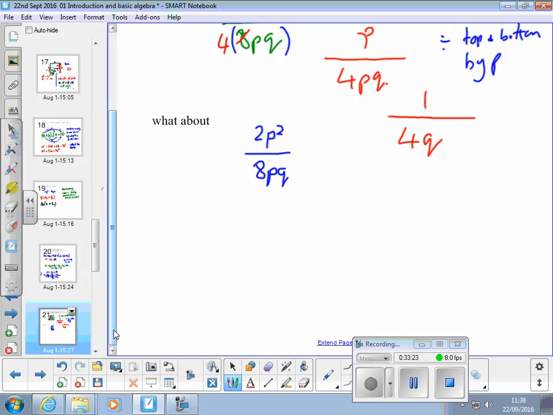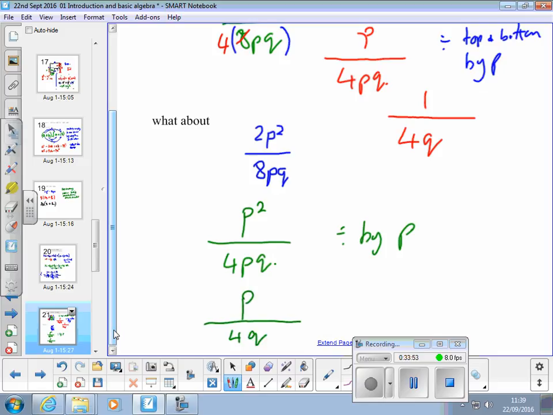Divide through by 2 to get p squared over 4pq. And then when we divide through by P, the top becomes P on its own, and the bottom becomes 4q.